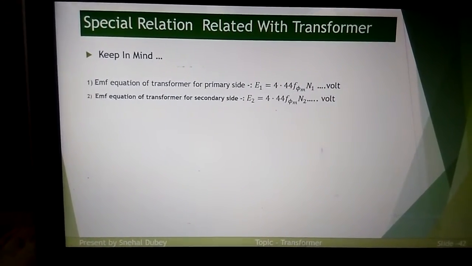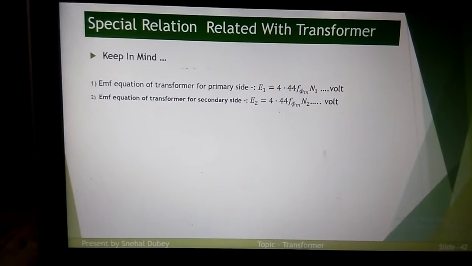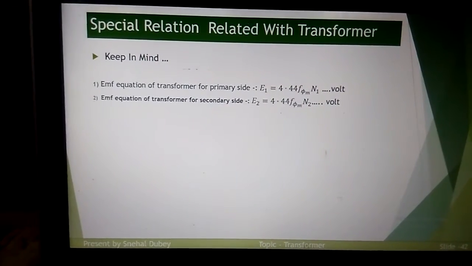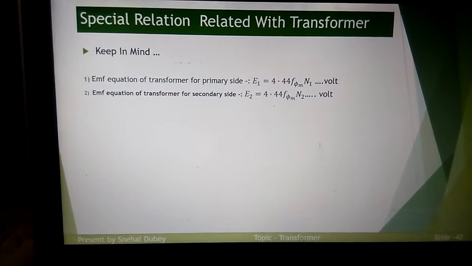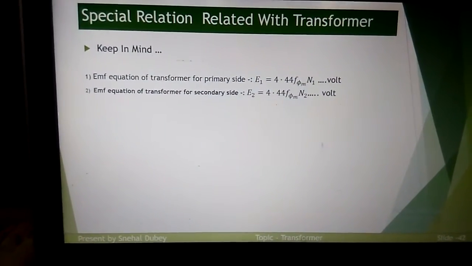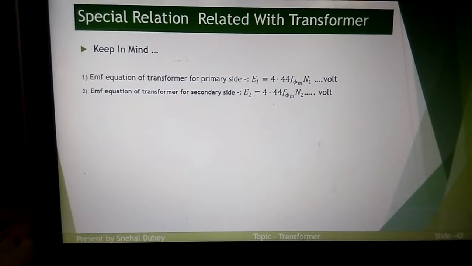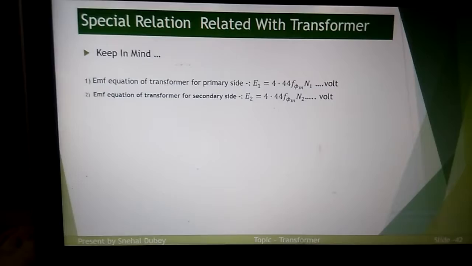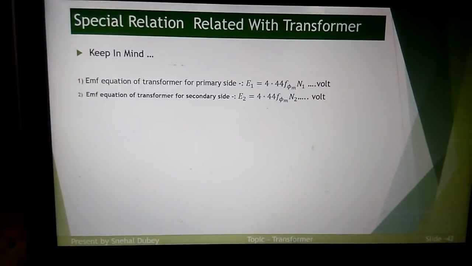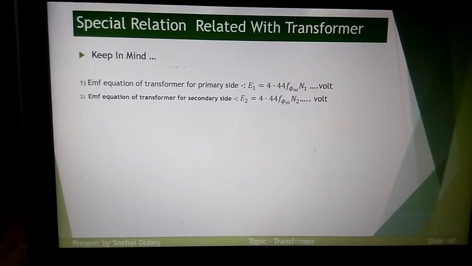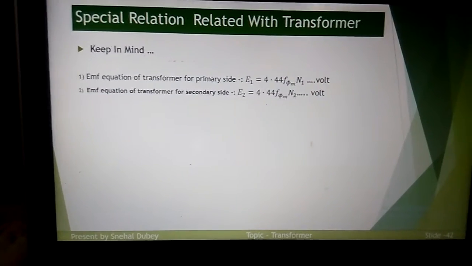Second, the EMF equation of transformer for secondary side, E2 is equal to 4.44 F into phi M into N2, where F is the supply frequency, phi M is the maximum flux flowing in the core, and N2 is the number of turns in secondary winding. One thing you have to remember, E1 is equal to V1 and E2 is equal to V2. So if a question asks about V1 and V2, you can find the value of V1 and V2 from these formulas.